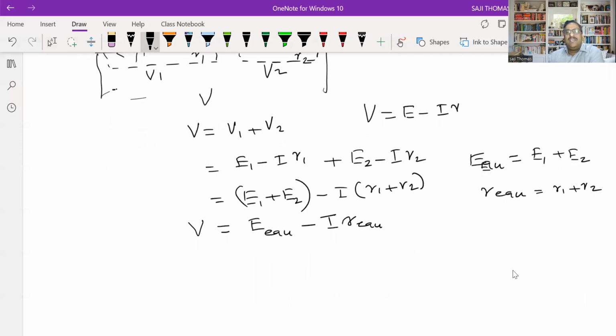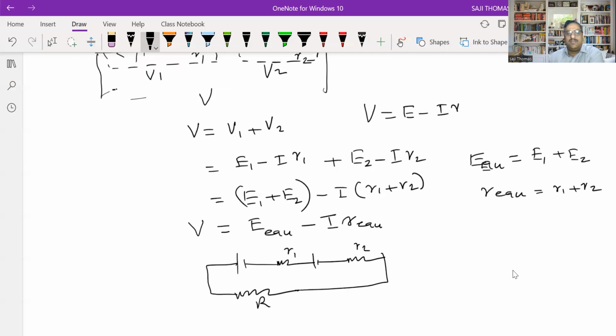If this combination of cells is connected to an external resistance, what will be the current through the cell? Say these two cells are connected to an external resistance, capital R. Then what will be the equation for the current?